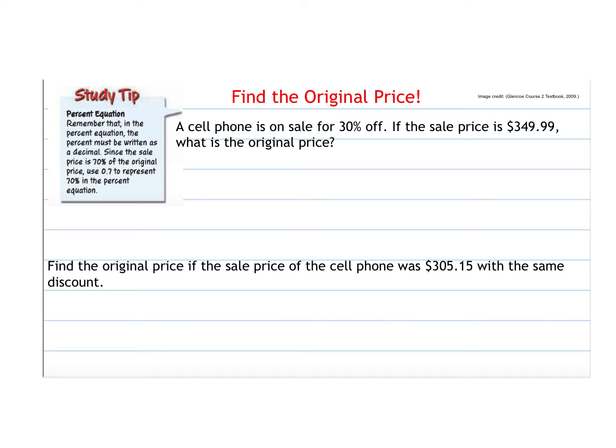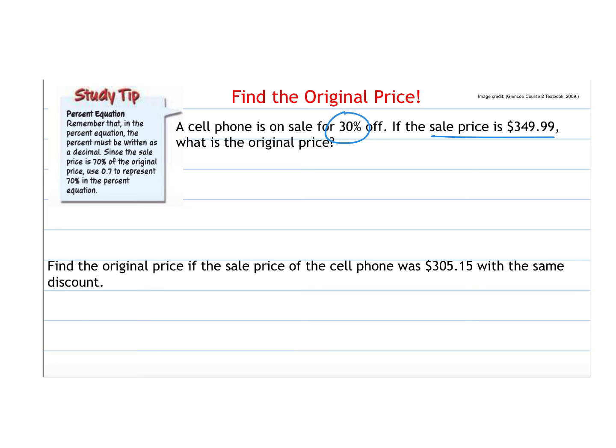Okay, so what happens if we are given the sale price and we want to find out the original price? So if a cell phone is on sale for 30% off and the sale price is $349.99, what is the original price? So I know that if I take 30% of my original price and then subtract it from my original price, I'm going to get the sale price.